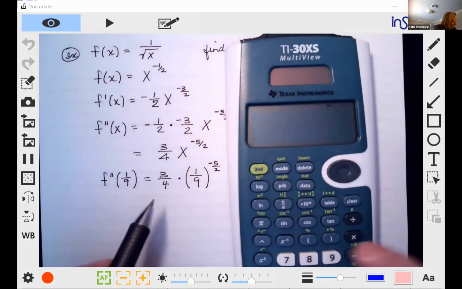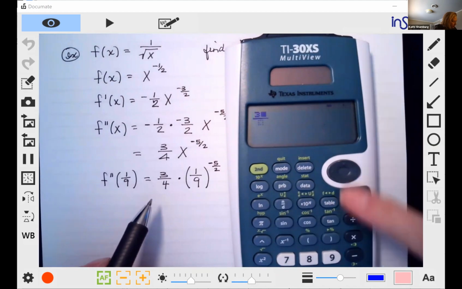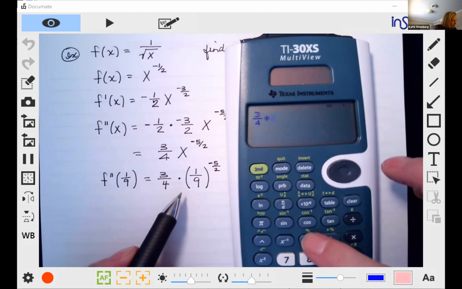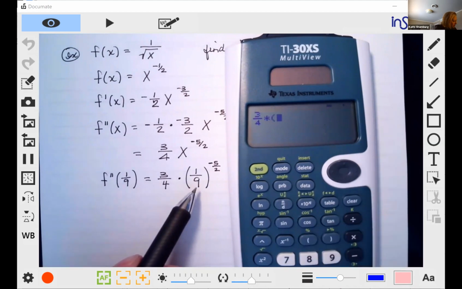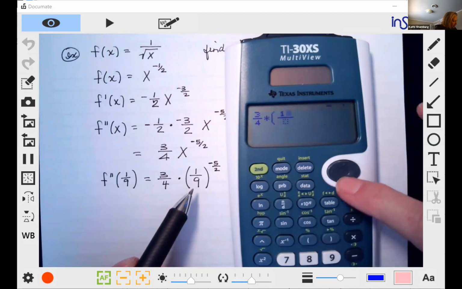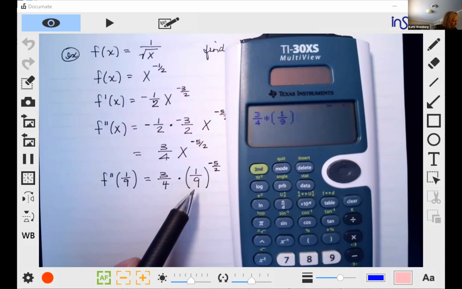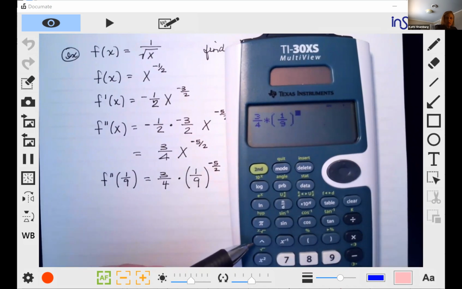So we would have 3 over 4 times, and then I'm going to put 1/9 in parentheses. And I'm going to raise it. It is this up arrow.